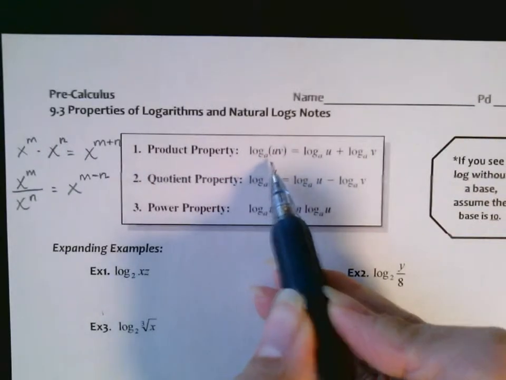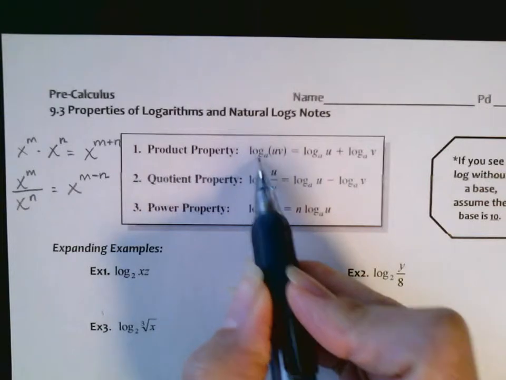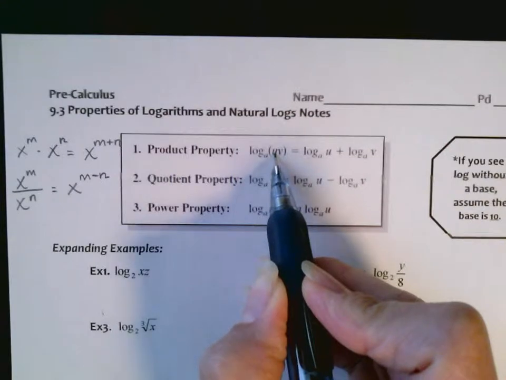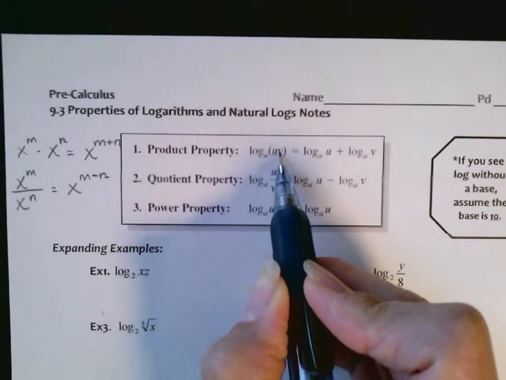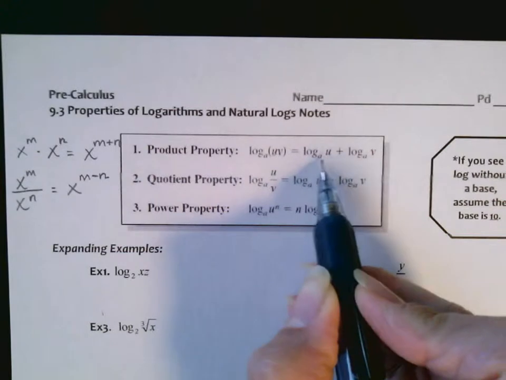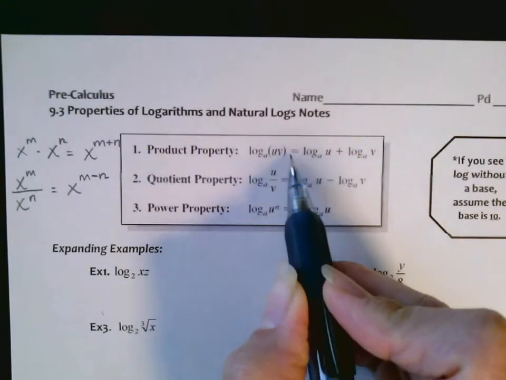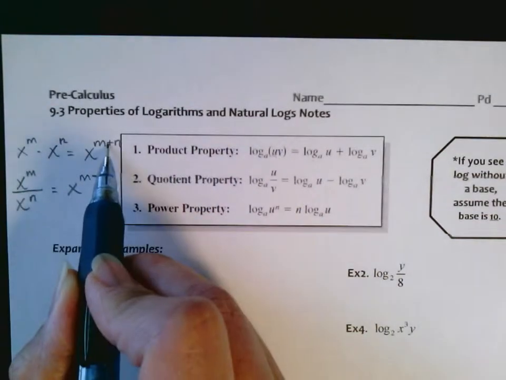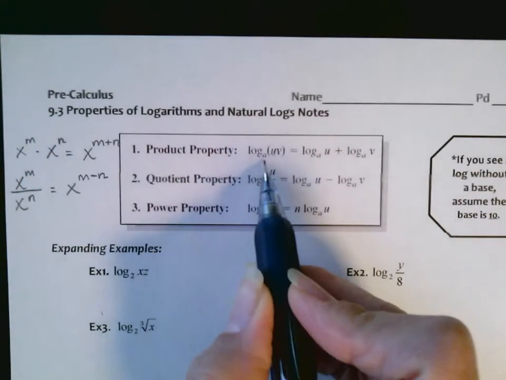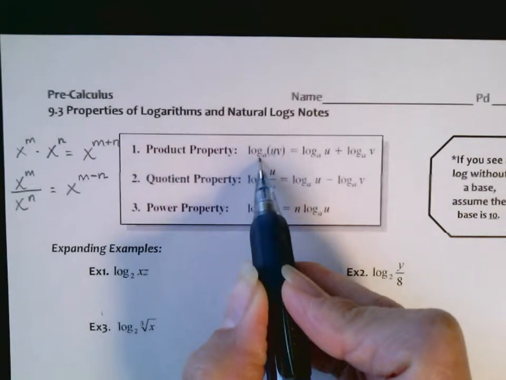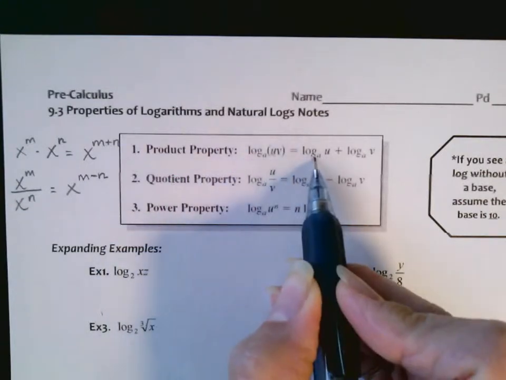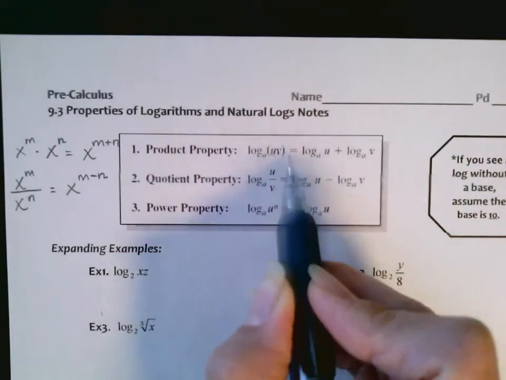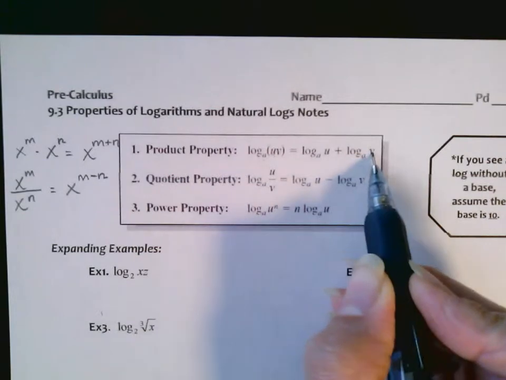You're taking a logarithm that has two terms that are multiplying, and we're going to expand them into two logs that are adding, because multiplication implies adding in our properties. So you will expand it by making sure both terms have a log with a base of a, and then take the first term, and the second term that was multiplied, add it to the second term that has a log.